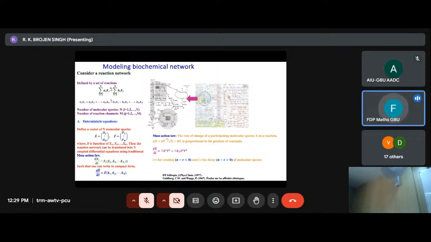One can apply it, and then all these reactions can be translated to coupled nonlinear differential equations. And from those coupled nonlinear differential equations, one can see how the differences happen, and even sometimes you can also predict the energy molecule in the plant.